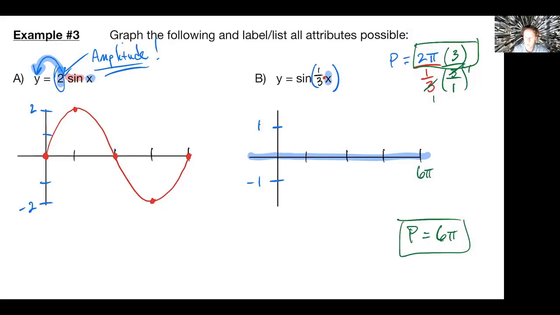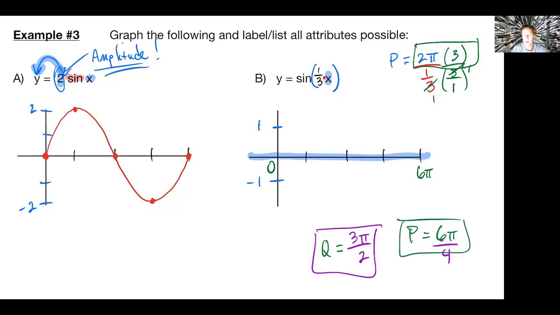But what's even more important, in my opinion, is finding all those other points. Of course, we're going to start at 0, but what about those other ones? Well, remember, we said that we would find those by cutting it into fourths. So my quarters, I will find by taking this and just dividing it by 4. So my quarters would each be, if I simplified that, 3 pi over 2 in length.